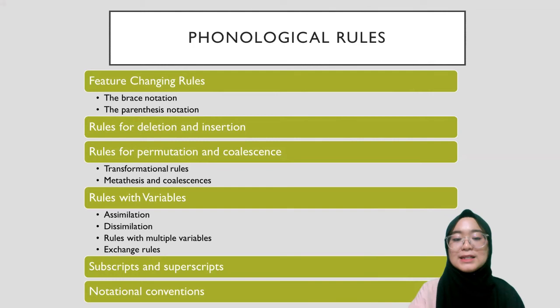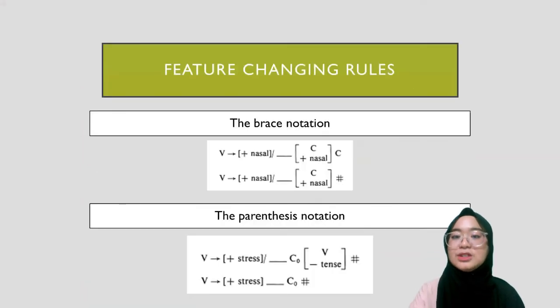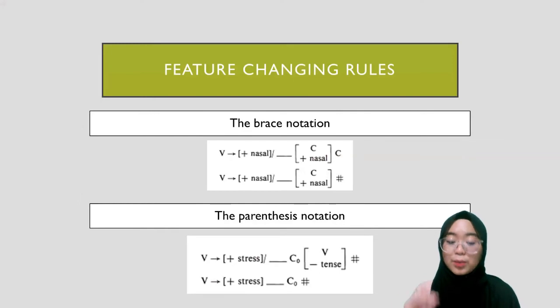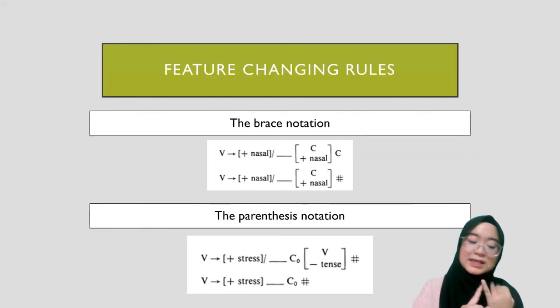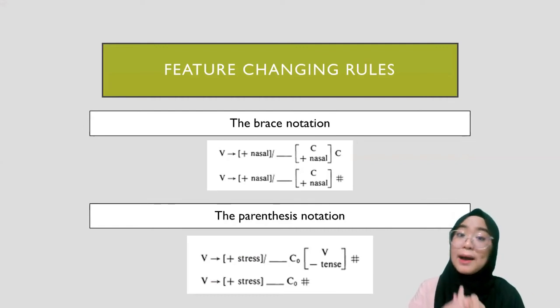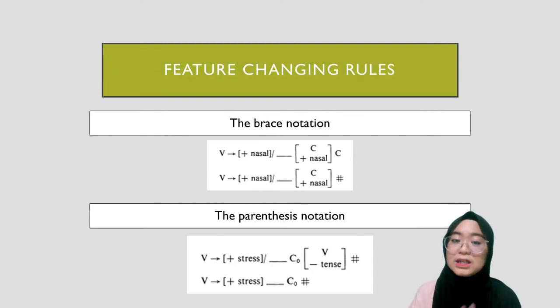All right, let's start with feature changing rules. Feature changing rules are related to three things. The first is which segments change. The second is how they change. And the third is under what condition they change.